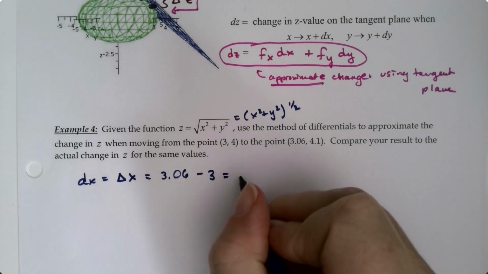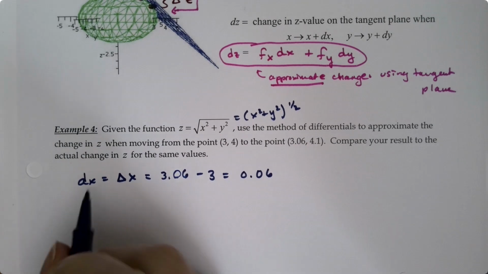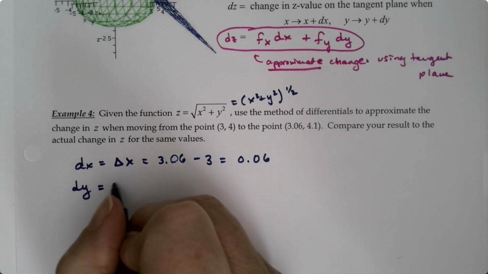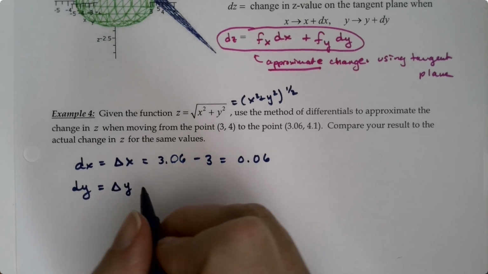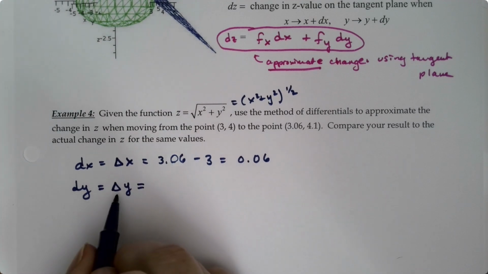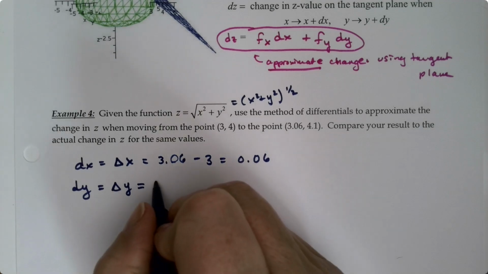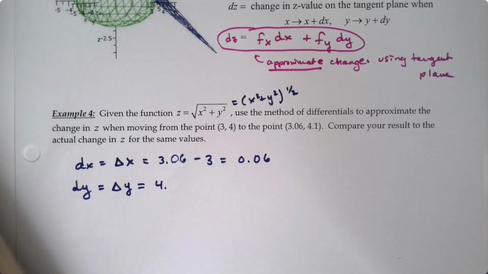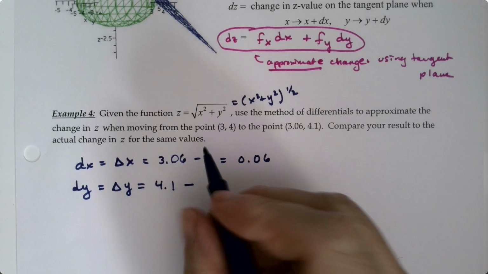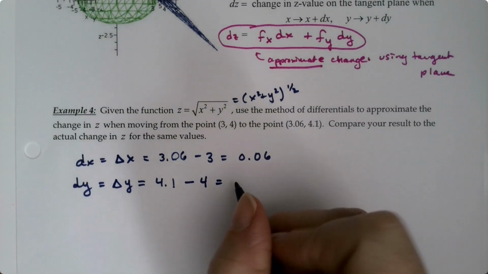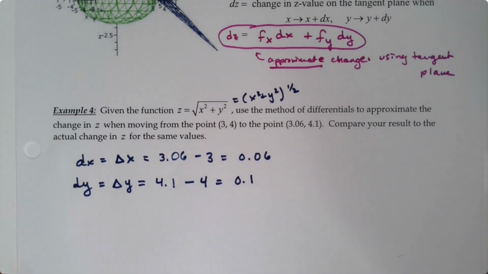So our dx is 0.06, or delta x, same thing. dy and delta y are not exactly the same, but they are the same for our purposes with this particular formula. dy is the limit of delta y as your number of values increases. In Riemann sum examples, it was the number of rectangles, and that's of course going to change for us because we're three-dimensional, but it's that idea. So we know our delta x and our delta y.